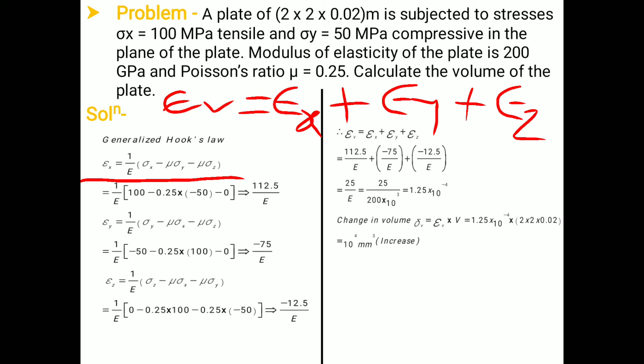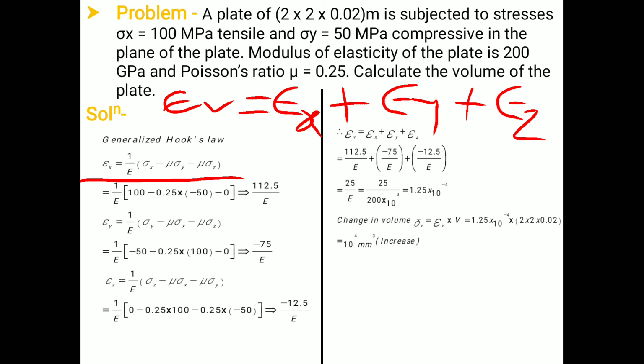Therefore we have epsilon x is equal to 1 upon E into bracket sigma x minus mu into sigma y minus mu into sigma z. Therefore if I put the value of E and sigma x, sigma y and sigma z, I have 112.5 upon E.